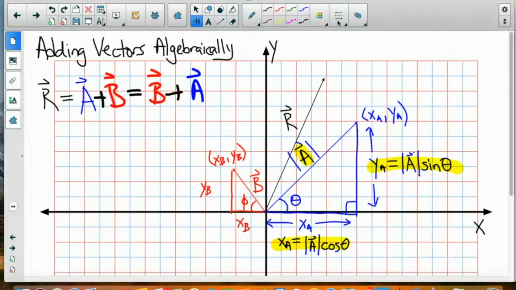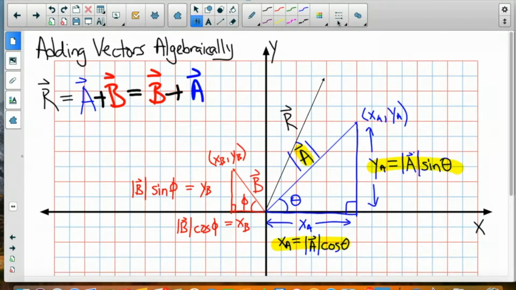Again, this is a right-angled triangle, so xb is the length of B, our hypotenuse, times the cosine of the angle phi. And yb is the length of B times the sine of the angle phi.